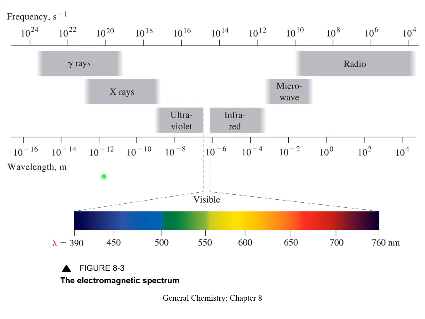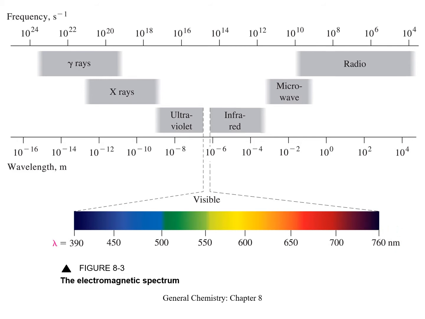Coming down here now to wavelength, we can see that wavelengths go from very, very small to very, very large. 10 to the 4th, that's 10,000 meters, which is a long distance. In the visible spectrum, light, lambda, has a wavelength of 390 nanometers, over to the red spectrum, which ends at around 760 nanometers.